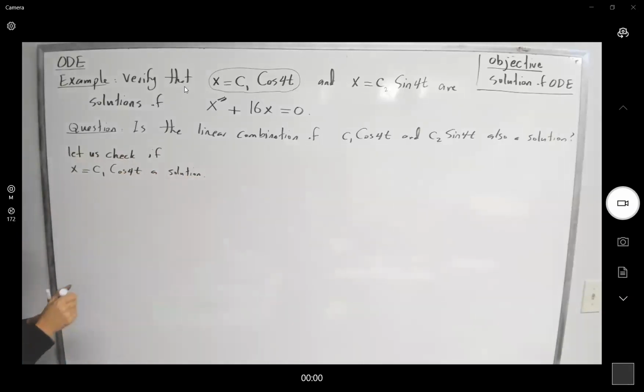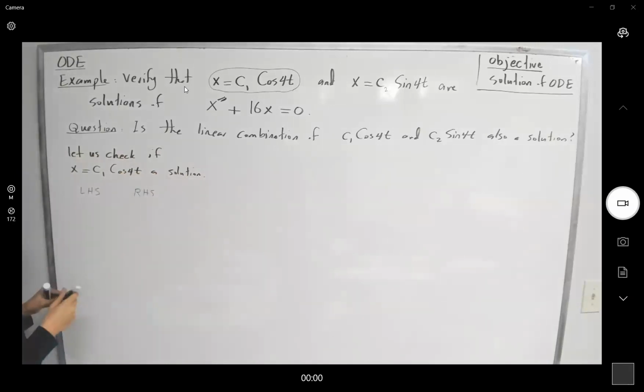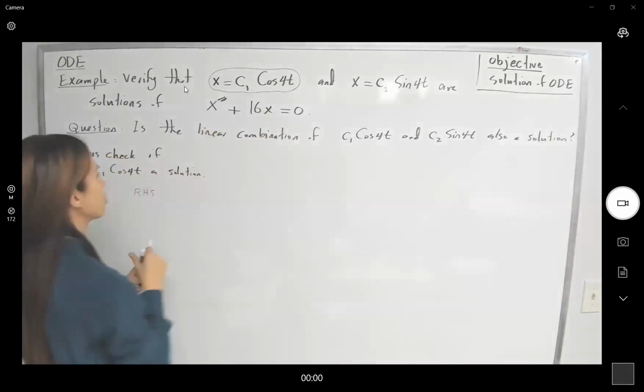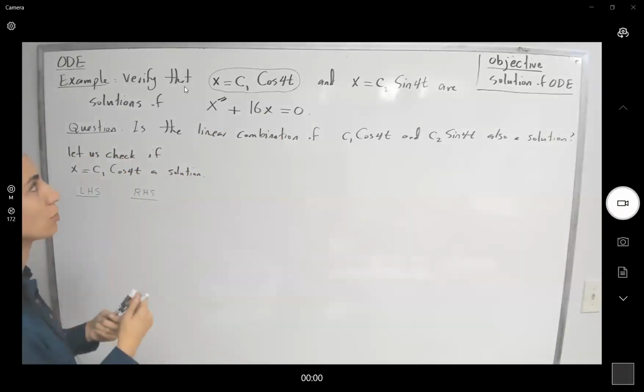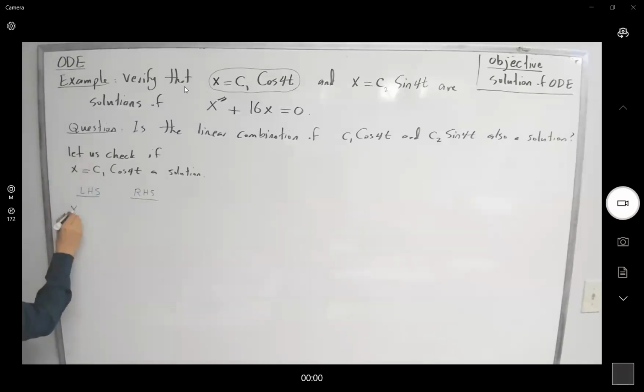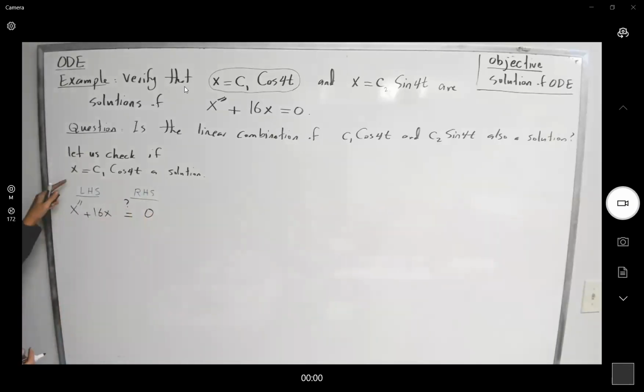The left-hand side must be equal to the right-hand side of the differential equation. So this is your differential equation. On the left-hand side, you have the second derivative of x plus 16x, and on the right-hand side, I have 0. So x is equal to c1, which is just a constant, times cosine 4t.